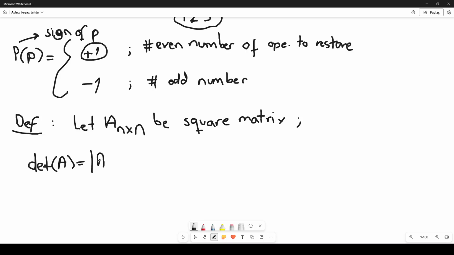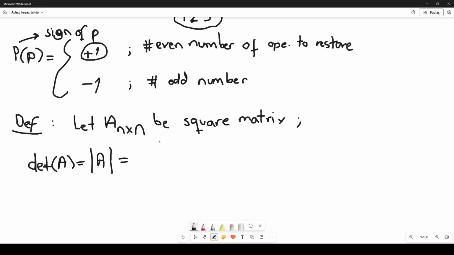We can show the determinant with the symbol of vertical bars on both sides, which reminds you of the absolute value, but don't forget we are now dealing with matrices, so this is not the absolute value. This is the determinant of a matrix. And here is the definition.